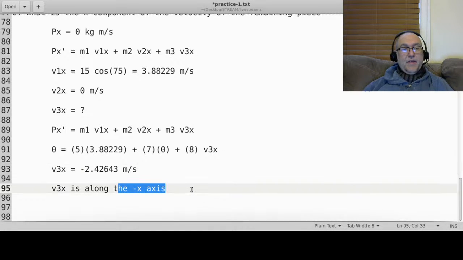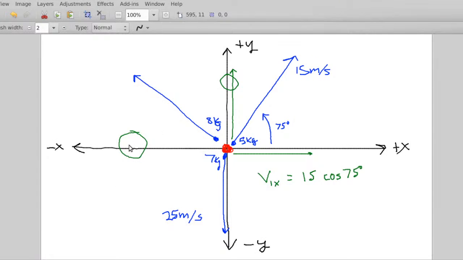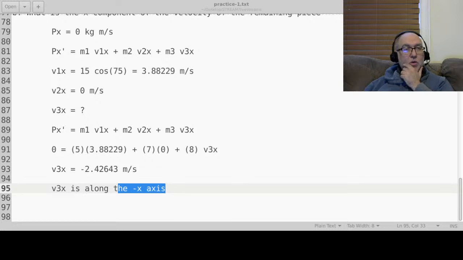And it's still along the negative x direction, and that's what we expected. When we were thinking about this intuitively over here, I said the resultant is going to have a negative x component to the momentum, and therefore a negative x component to the velocity. All right, what about the y?